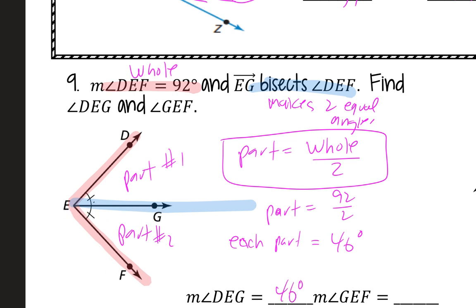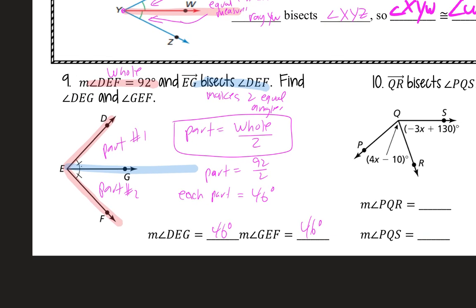Angle GEF is 46 degrees also. Okay, and that makes sense, right? Because we said they should be equal parts. This part should be equal to that if it cuts in the middle, and 46 plus 46 equals 92. All right, so now let's step it up with some algebra.